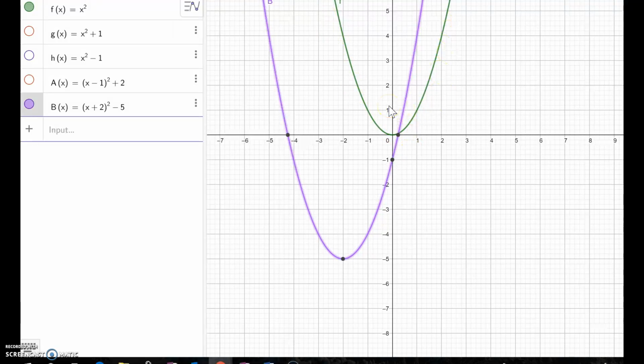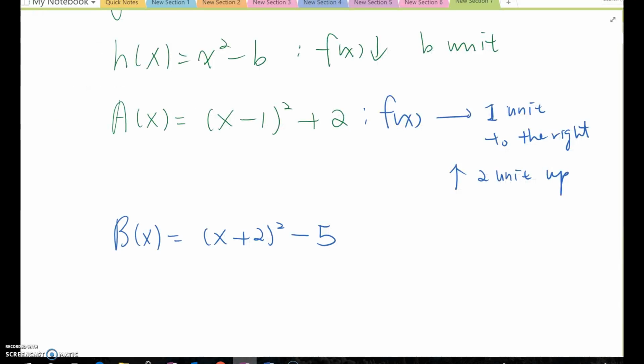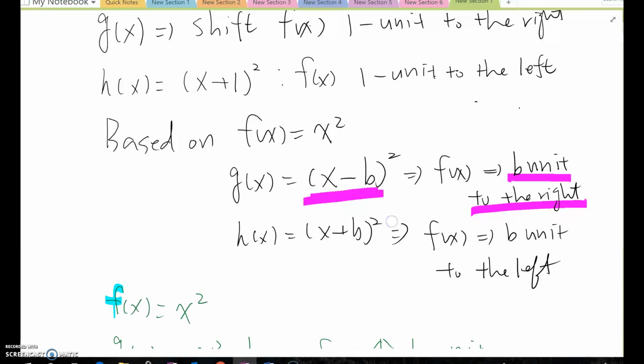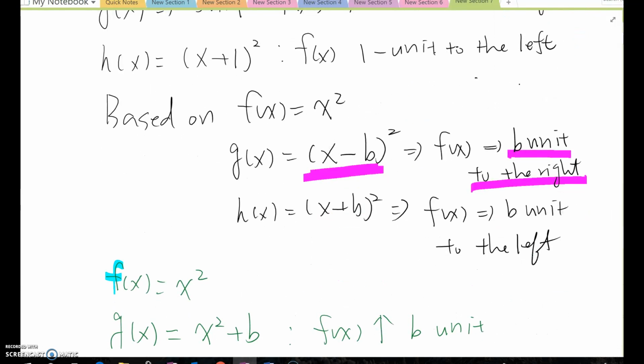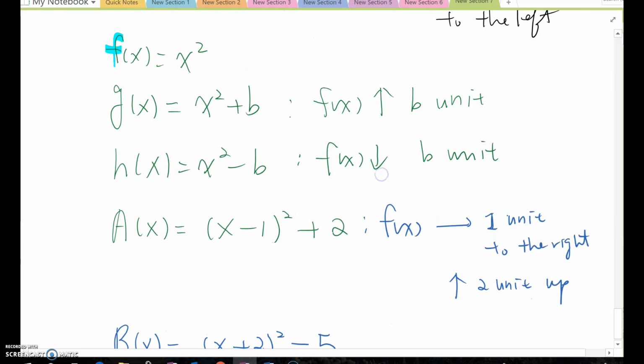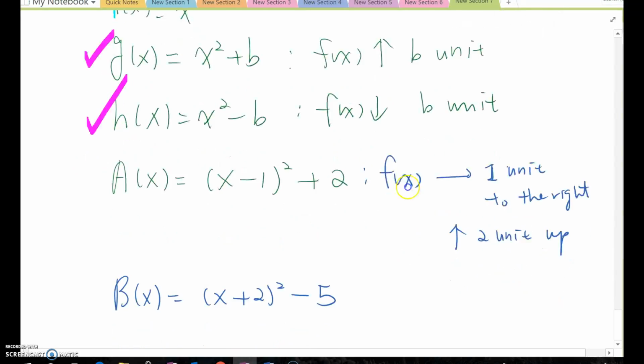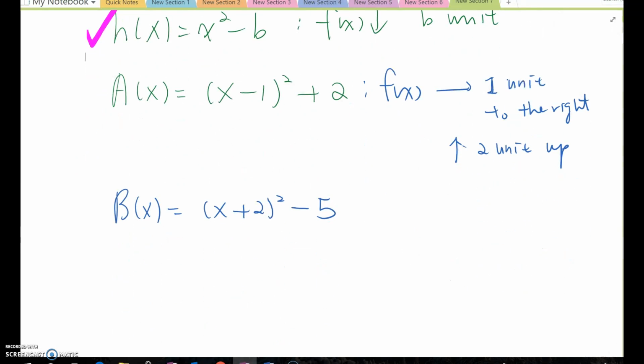Now it's moving to the left 2 and down 5. Do you see this? Yes. Therefore, you can apply these 4 properties, 1, 2, 3, 4, and then you can combine them together. Okay, then that's how you can interpret function transformations, especially quadratic functions.